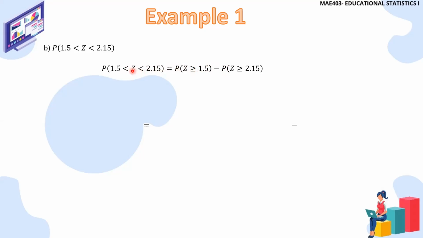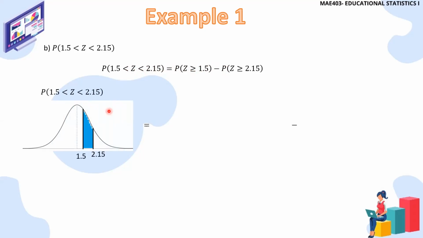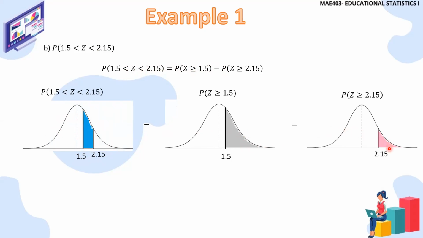So this is the area under the curve that you want to find between 1.5 and 2.15. You need to find the area greater than 1.5 minus the area greater than 2.15 in order to get the total area from 1.5 to 2.15.